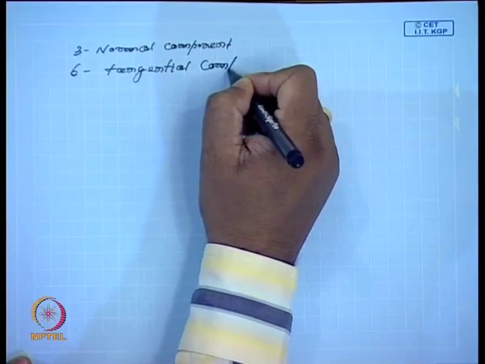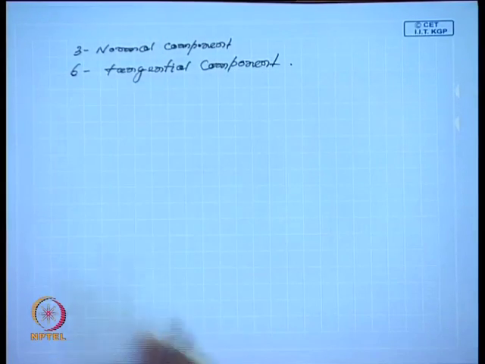If we simplify this stress tensor again, what will happen?